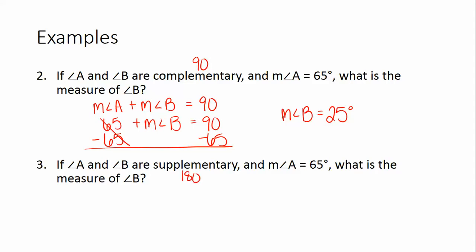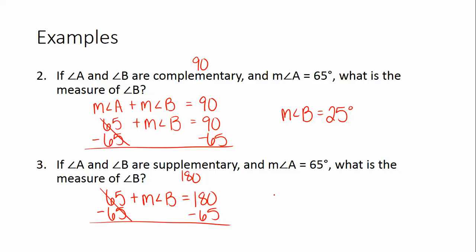So if the measure of angle A is 65, and we don't know the measure of angle B, but we do know they add up to 180, we subtract 65 from both sides, and the measure of angle B is 115 degrees. That's 180 minus 65. So you can see the difference between two angles that are complementary and two angles that are supplementary, adding up to 90 and adding up to 180.